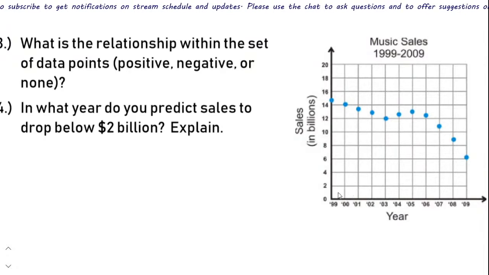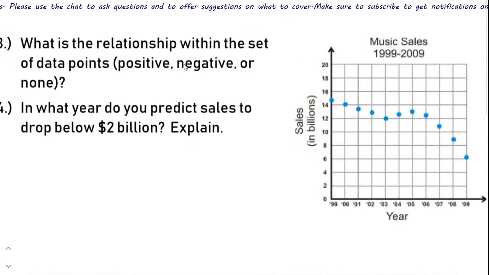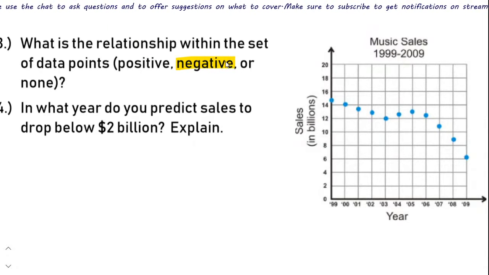So as our X values, or as our years increase, what happens to our sales? It looks like they're going down, they're getting less. So that would be then a negative relationship, or a negative correlation, or a negative trend.